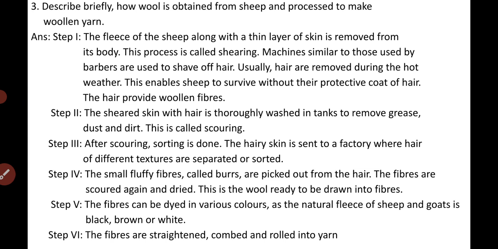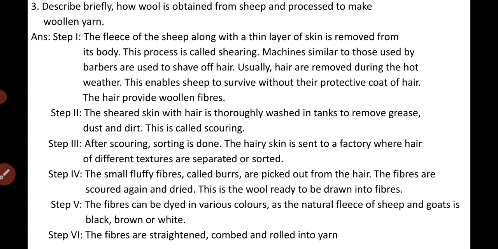The wool is not uniform in all the parts of the fleece of a sheep. Some parts of the fleece have fine wool, whereas some others have coarse wool. Some of the wool may also be long wool fibers, and some others may be short wool fibers. So sorting is done.